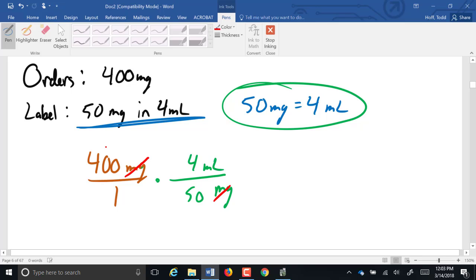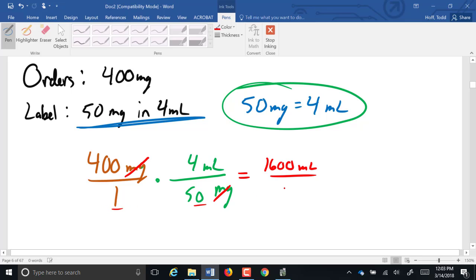Now I get asked all the time, could I cross cancel my other fractions, the 400 and the 50? Yes, we could. It's not typically the way it's taught in the nursing program, so I do it with multiplying it out and dividing. But yes, you definitely could divide both the 400 and the 50 by 50 and reduce it. So 400 times 4 milliliters is 1,600 milliliters.